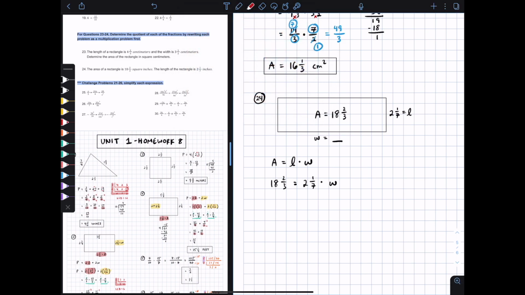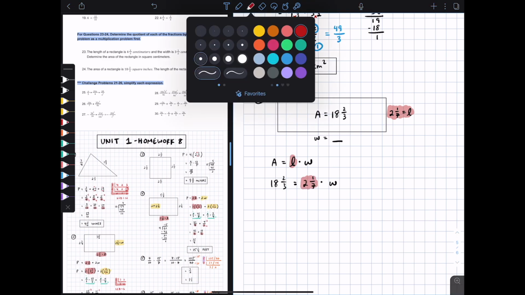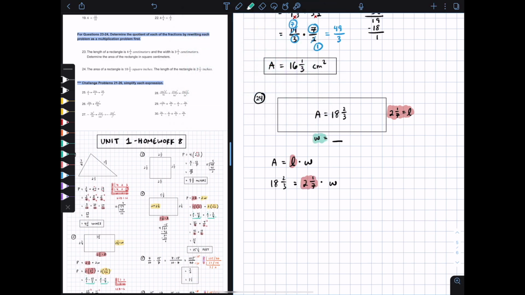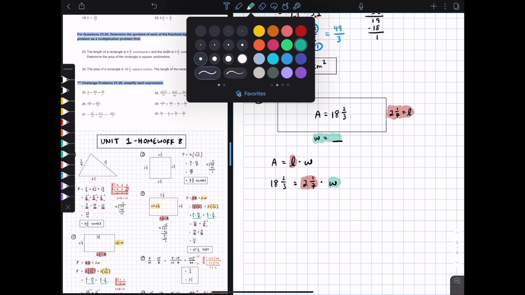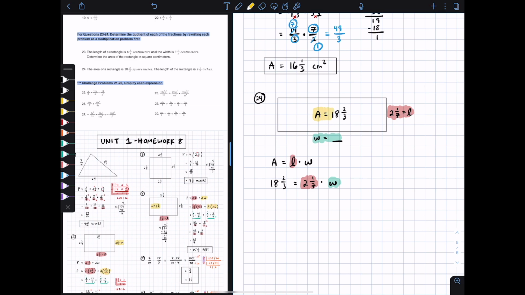So the length we're given, I think I used this color for the length last time. So this is the length, and this is the length, right? Length times the width. We don't know the width. It's our unknown. We're trying to figure that out. And all of this is going to equal the area. So again, the area is something we were given this time, and that's over here. And so that's all of those colors labeled similarly.